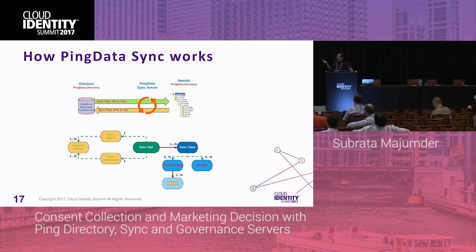Each pipe has got a source and a destination. It can have only one source and one destination for the configuration, but every source can be multiple actual physical repositories. So when you configure a source, you can specify that it's actually a combination of these repositories. So that way, a sync pipe can go to multiple sources, combine data from there, and bring that in.